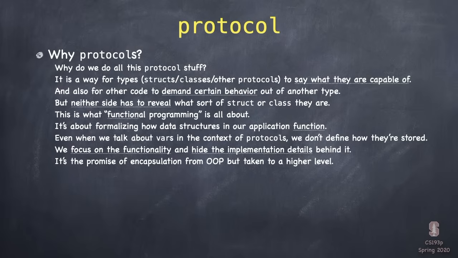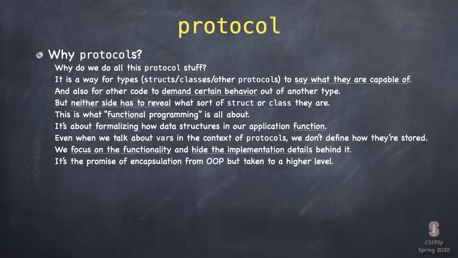So this is what functional programming, or really we might call it protocol-oriented programming, is all about. It's about formalizing how data structures in our application function, how they behave. Even when we talk about vars in the context of protocols, we don't define how they're stored or computed. We don't even say whether they're stored or computed.